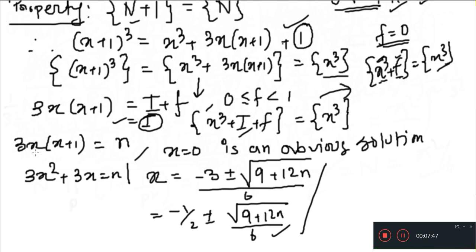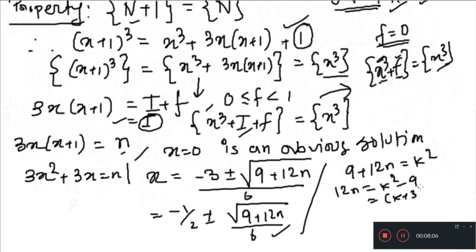Obviously if x is not a proper rational number, then this is never going to be an integer. And for x to be rational, 9 plus 12n has to be a perfect square, which gives us 12n equals k square minus 9 equals k plus 3 into k minus 3, right? Now a lot of conditions can apply.